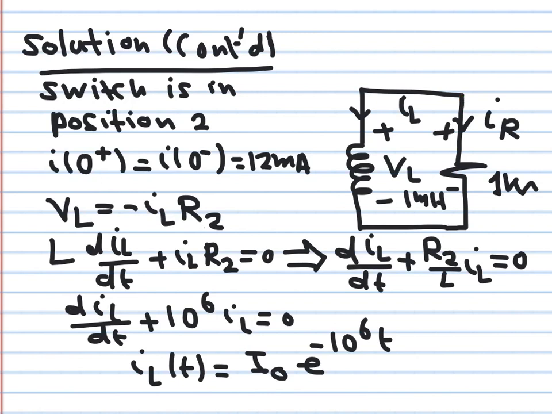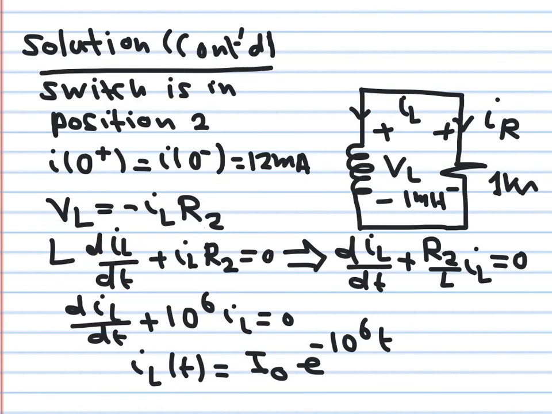So the voltage across the inductor is equal to the voltage across the resistor, which is equal to the current multiplying R, but this current is minus IL. This is why I had this negative sign, and I'm now going to replace VL by L dIL by dt to write my differential equation.